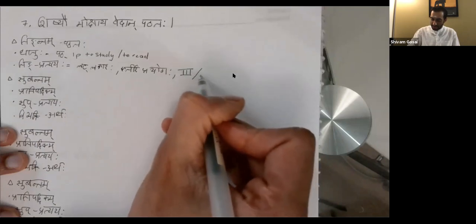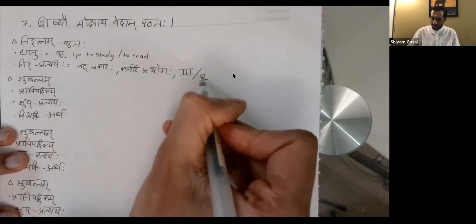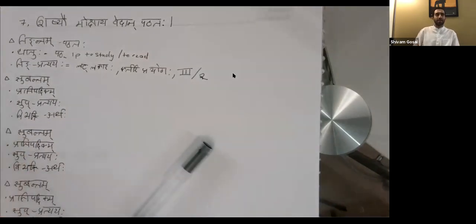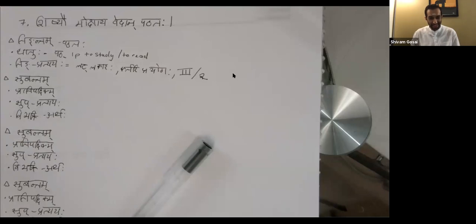Pratama purusha dvivachanam. Third two. So this is, right? Gacchati, gacchataha, gacchanti. Gacchasi, gacchataha, gacchatha. Gacchami, gacchavaha, gacchamaha. Same thing for pataha: Patati, patataha, patanti. Patasi, patataha, patatha. Patami, patavaha, patamaha. Right? That's how we have to do the cases.